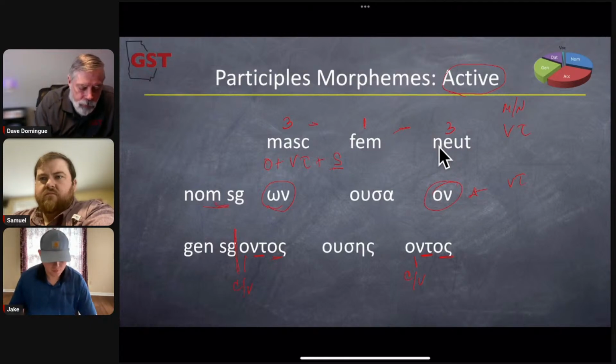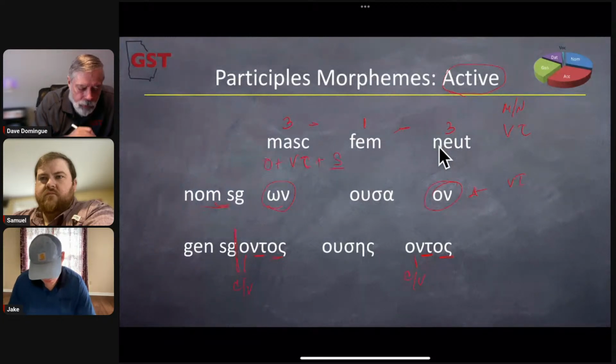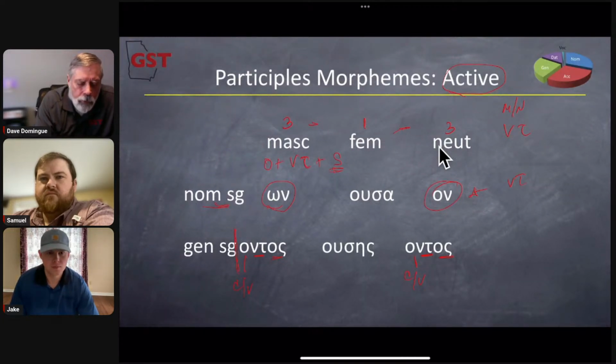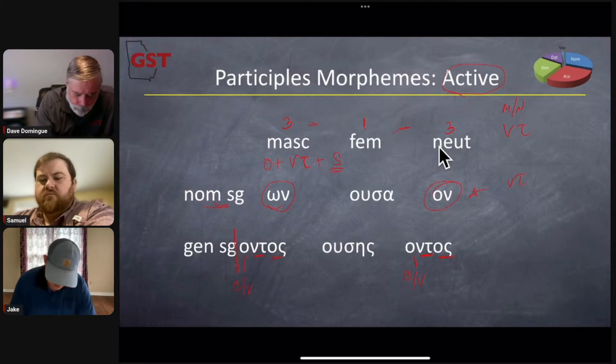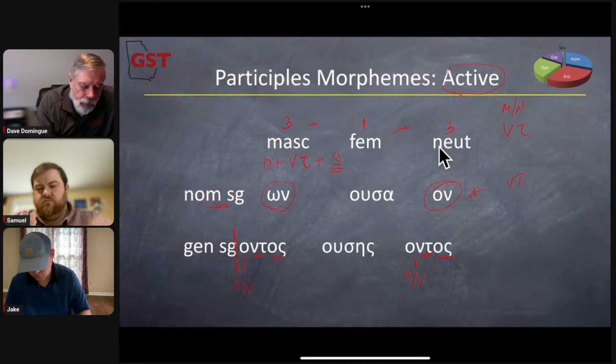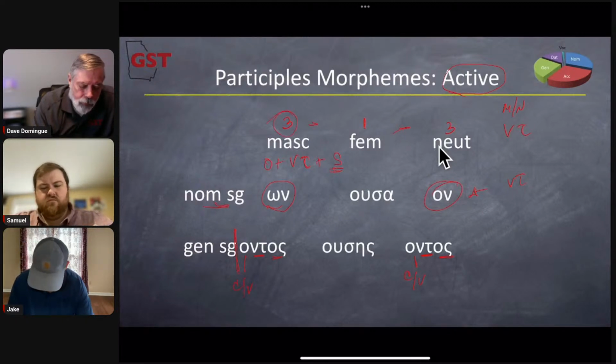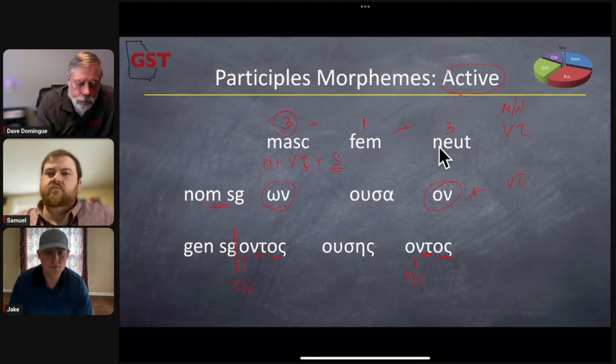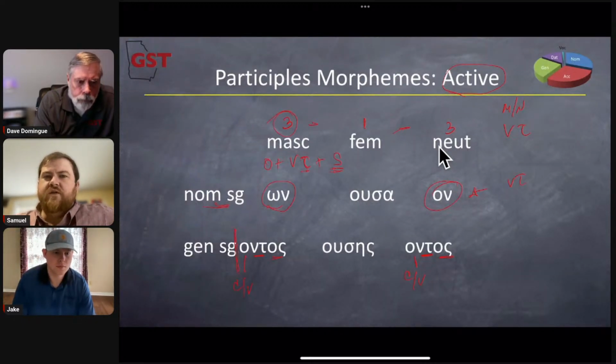It's third declension because we actually have a consonantal ending before the case endings. And so that's why we're using a third declension here. But what happens to this tau? The tau can't stand on its own.